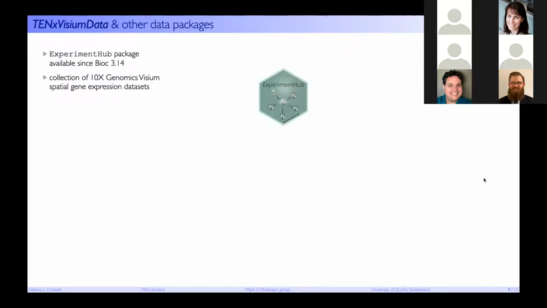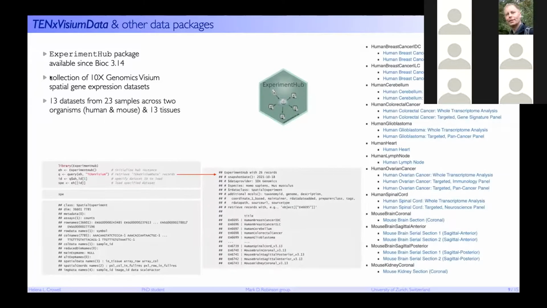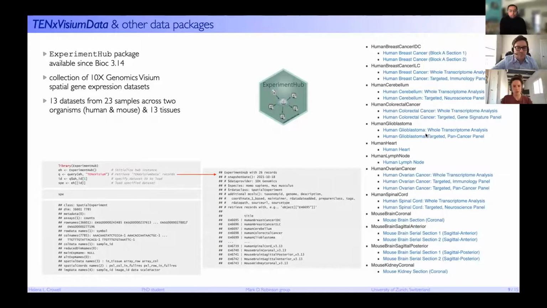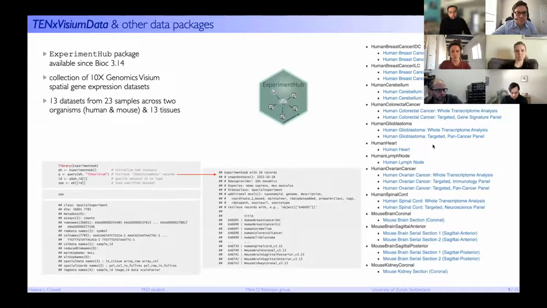Now, in terms of data, since the last release, there is the TENxVisiumData package, which is a collection of the 10x Genomics Visium data sets available at the time. These are shown here. There are 13 data sets from 23 different samples across human and mouse and 13 tissues.